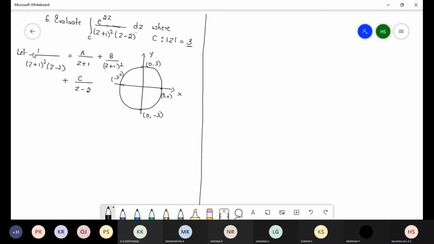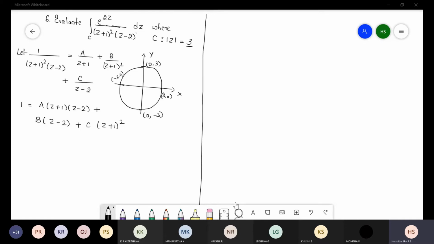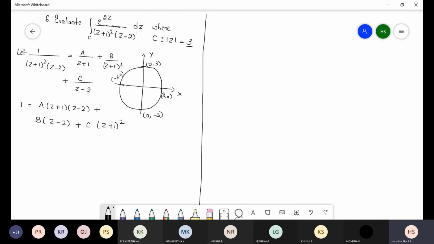Next, 1 is equal to a into (z plus 1) into (z minus 2) plus b into (z minus 2) plus c into (z plus 1) whole square. Now, by giving values for z, we have to find out the values of a, b, c.